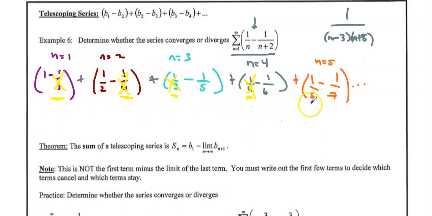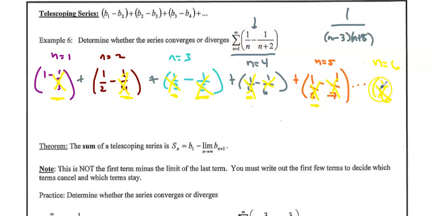We have a positive 1/5 and a negative 1/5 that's going to cancel. If we were to do a sixth term, when n is equal to 6, I would put in a positive 1/6 term, and that's going to cancel out with this right here. Eventually I will have a positive 1/7 in my next term.